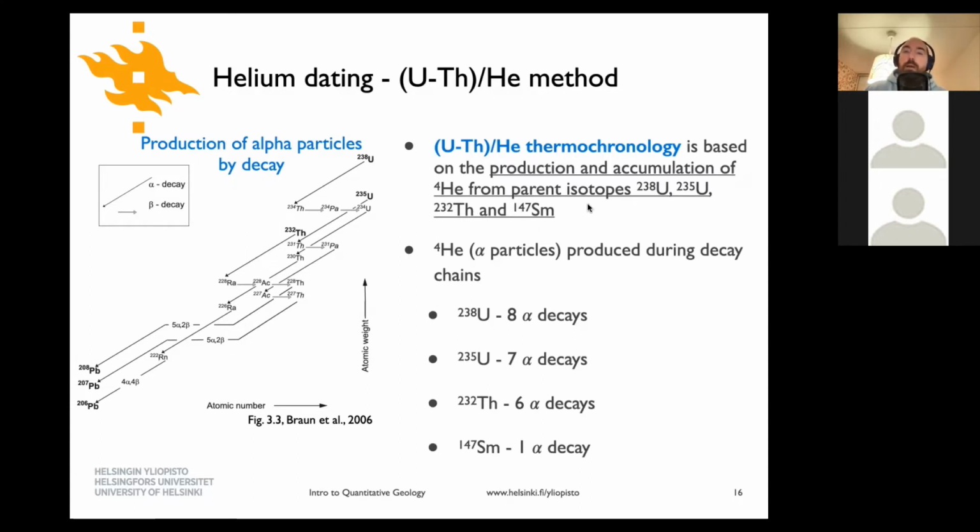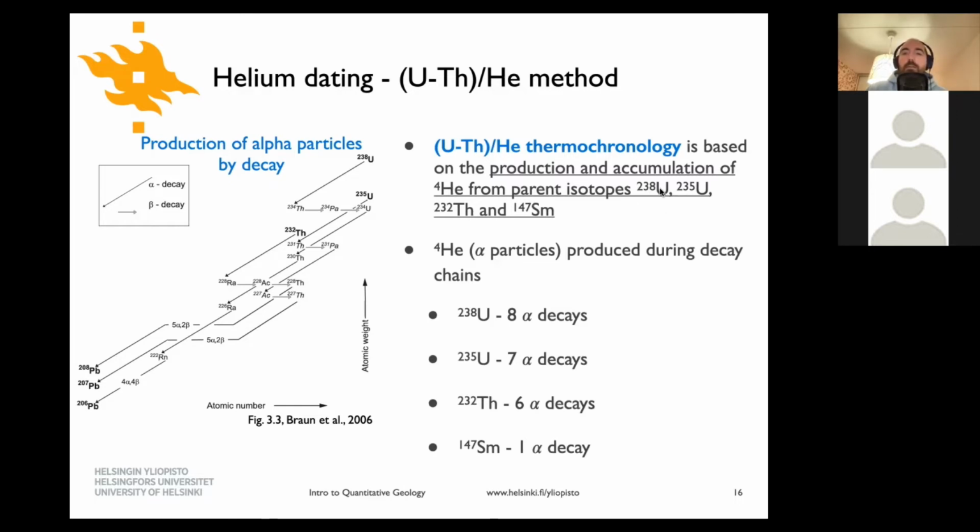So if you have these isotopes present in your target mineral, then their radioactive decay will generate helium-4 from alpha decay. And the alpha decay that occurs will result in this daughter isotope possibly being trapped within the crystal, and then you can date your mineral using that.